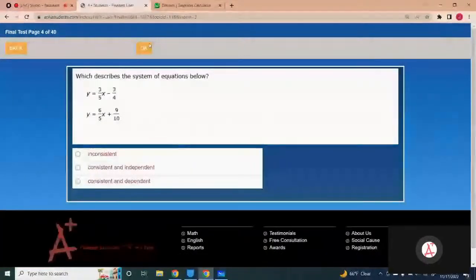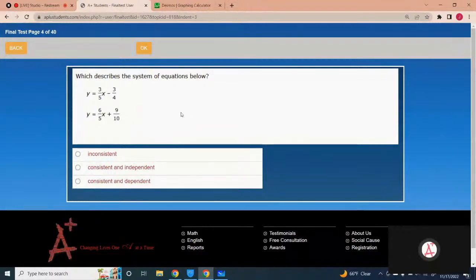Okay, the next one is: which describes the system of equations below. You have to select whether the system of equations is inconsistent, consistent and independent, or consistent and dependent. Got it? You have to look at the slopes.